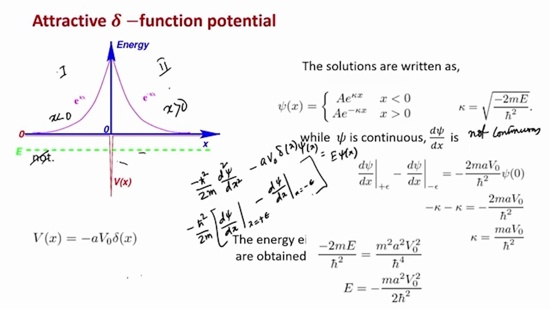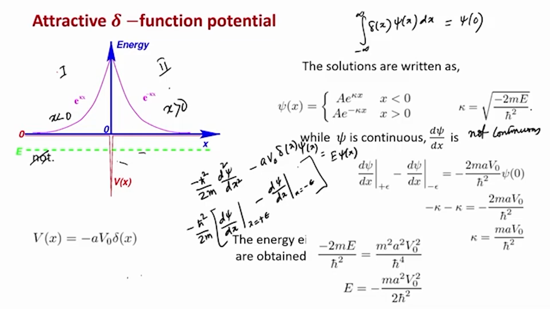Now, we use this relation for the delta function: delta of x psi of x integrated over all x from minus infinity to plus infinity gives you psi of 0.